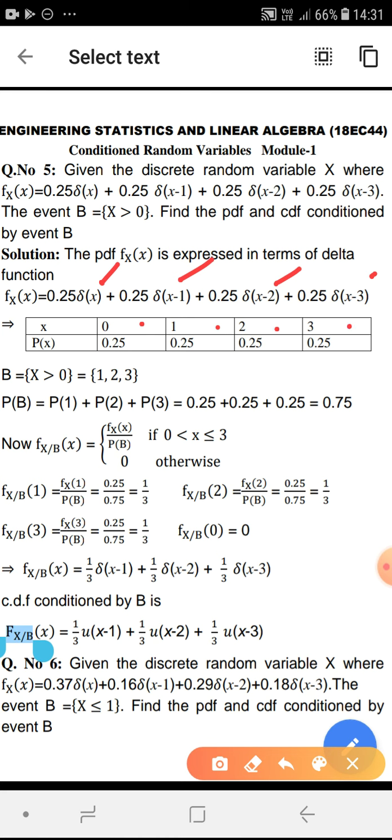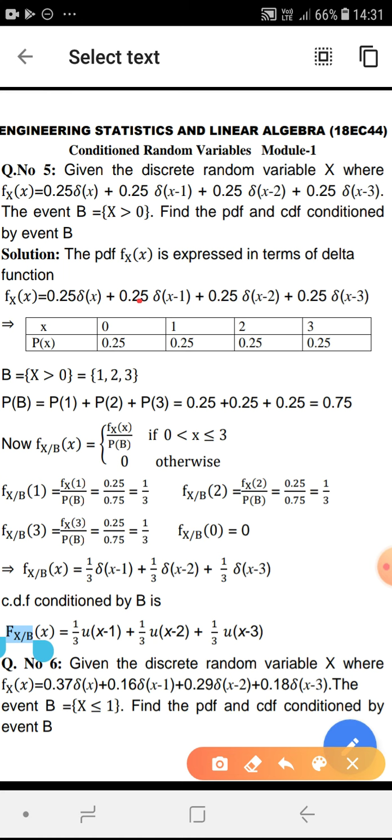Corresponding probabilities, from the representation of the probability density function in terms of delta function, you can make out what the corresponding probabilities are. For x is equal to 0, the corresponding probability p of x is 0.25. For x is equal to 1, the corresponding probability p of 1 is again 0.25.